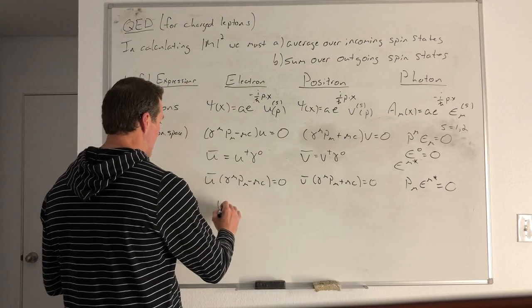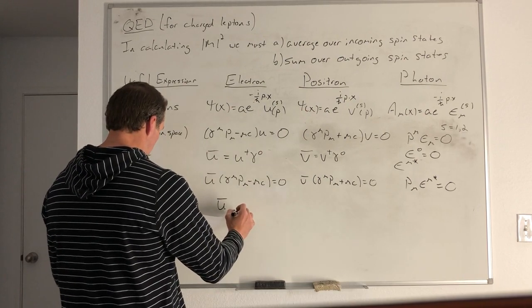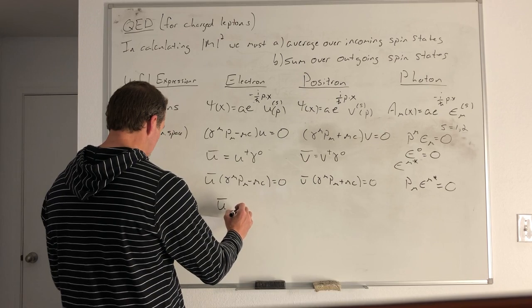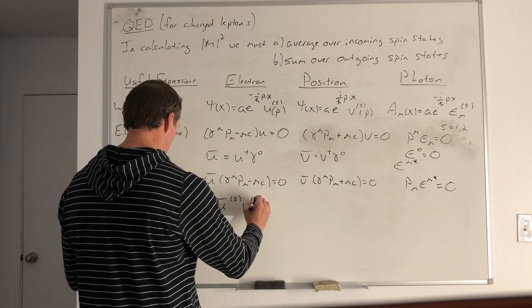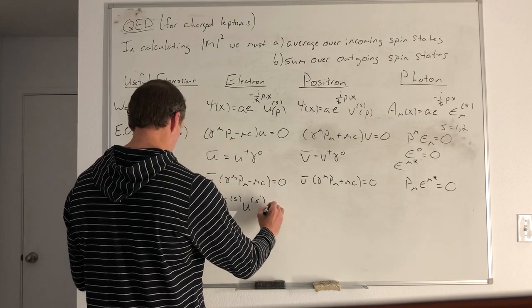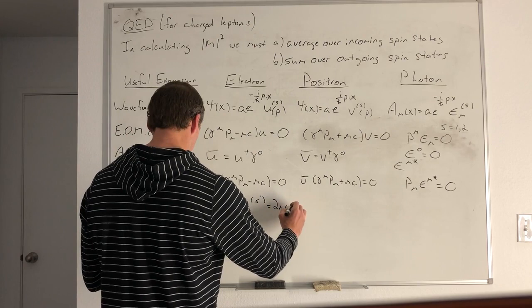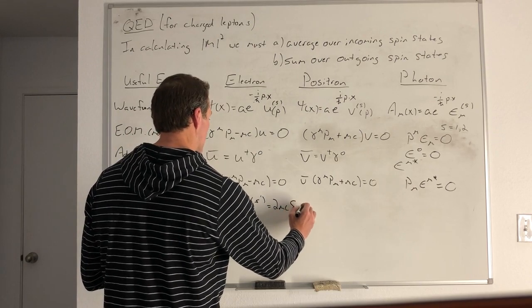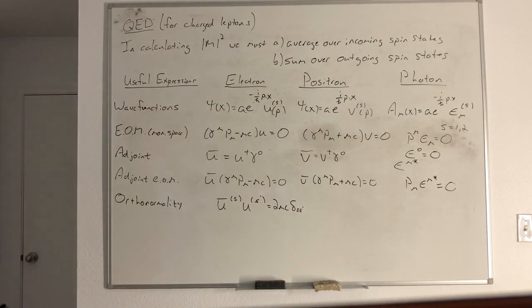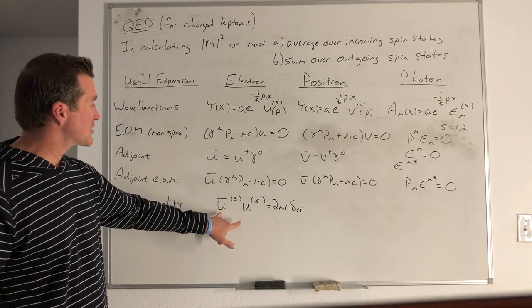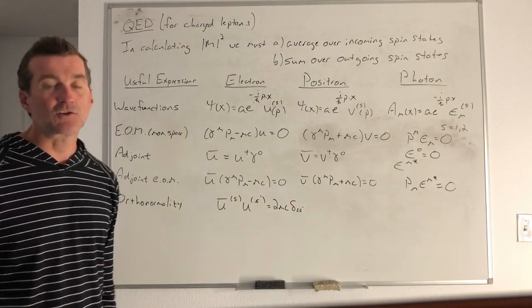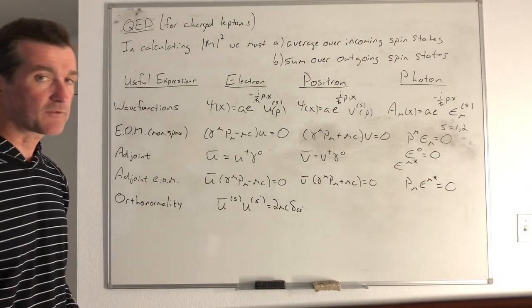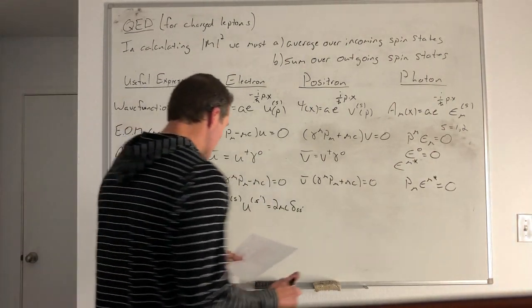If I take an adjoint spinor with spin s and the original spinor with spin s prime, then we have an orthonormality relation. So this is 2mc times the delta function of s and s prime. So if I ever encounter the combination of u bar u and these spins are different, this is 0, but if the spins are the same, then it's just 2mc. That's what an orthonormality condition usually expresses.